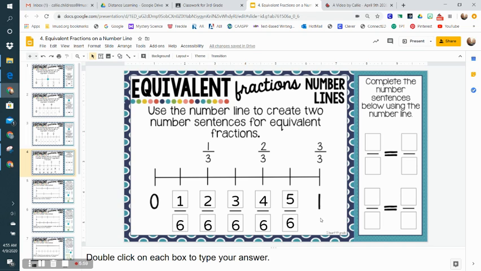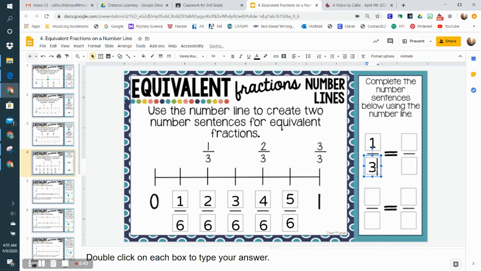Okay. So now coming over to the sidebar here, we're going to complete some number sentences using this number line. So I see 1/3 here, and I see that 1/3, when I look at it, is the same thing as 2/6. So I'm going to put in my first box here, 1/3 equals 2/6.